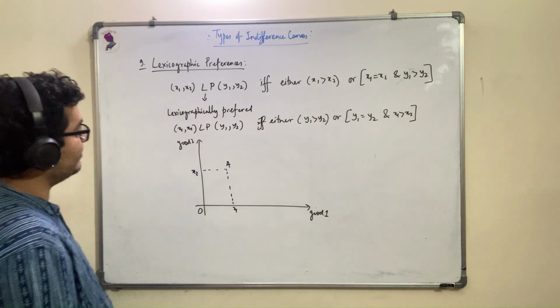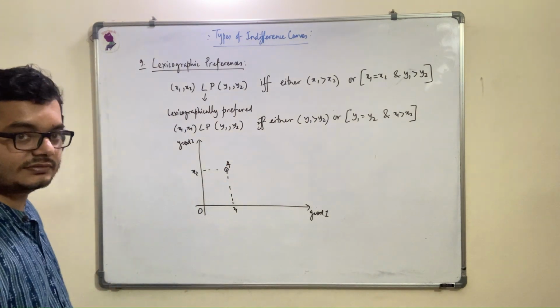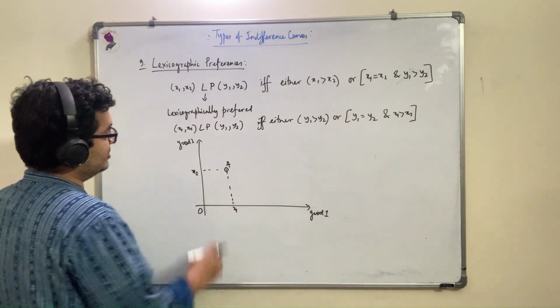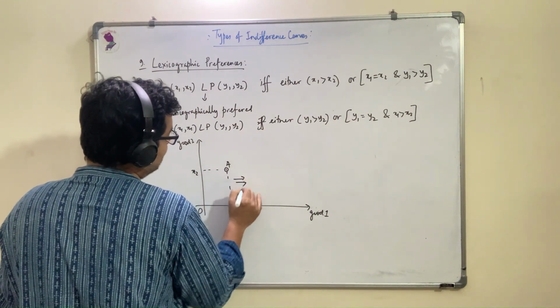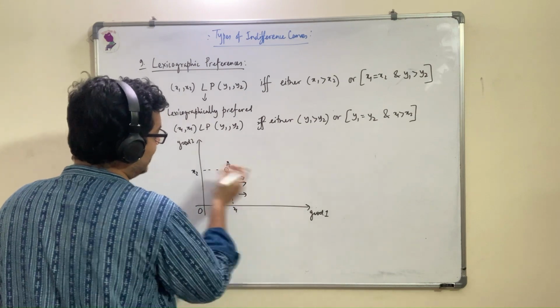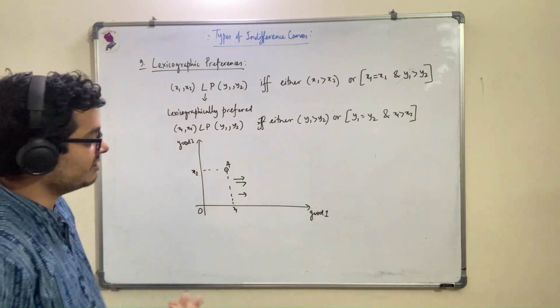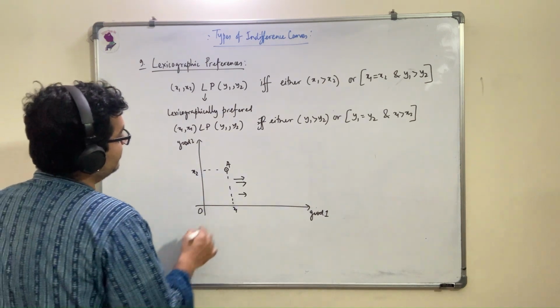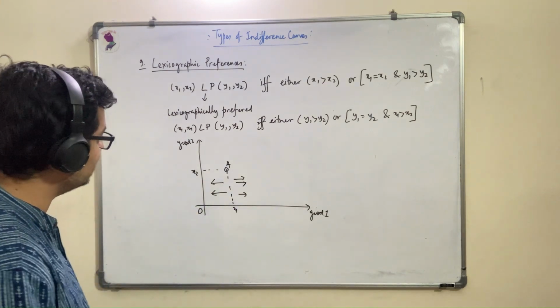Now, to find a bundle which is indifferent to this one. Alright, so these two are gone. If we go any to the right, then x1 will be higher, so it will be strictly preferred. If we go towards the left, then x1 will be lesser.